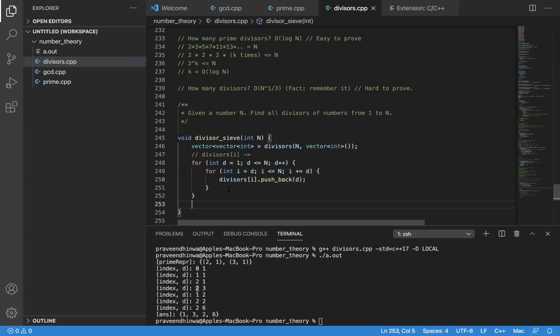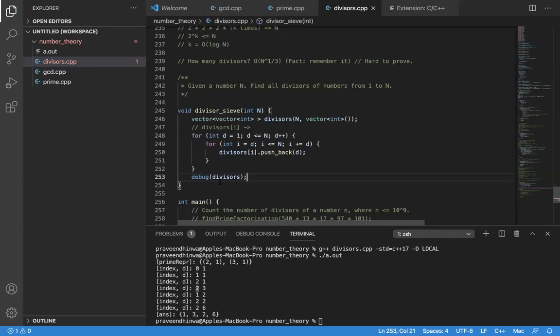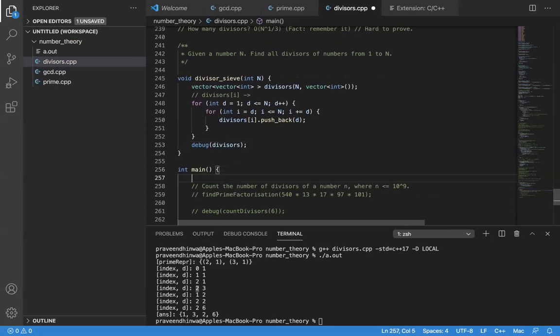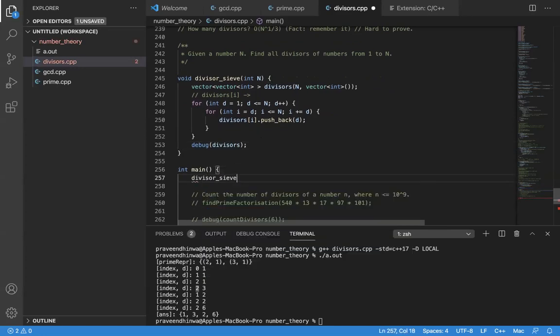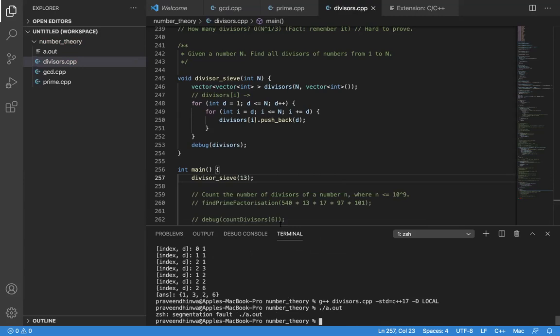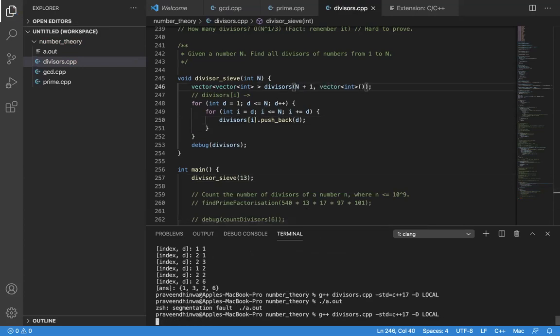If someone asks you how many divisors a particular number has, you can just look it up. So let's debug the divisors here, and run this code for divisors till, let's say, 13 and see whether it works or not. Okay, it gave a segmentation fault. You know why? Because i can be equal to n, so we should make it slightly more.